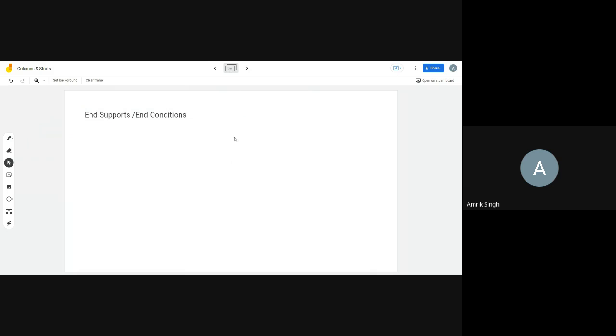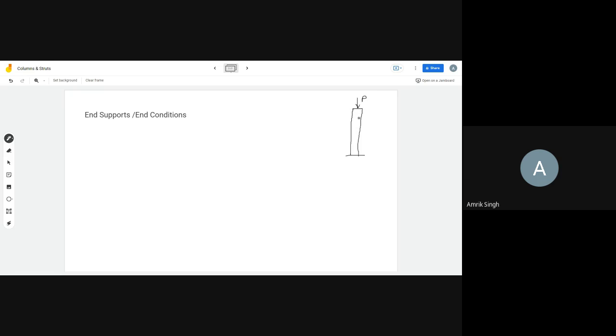So first of all, we have to understand a column will look like this. It's a vertical member as we have seen. It is a vertical member and one side may be fixed or free.